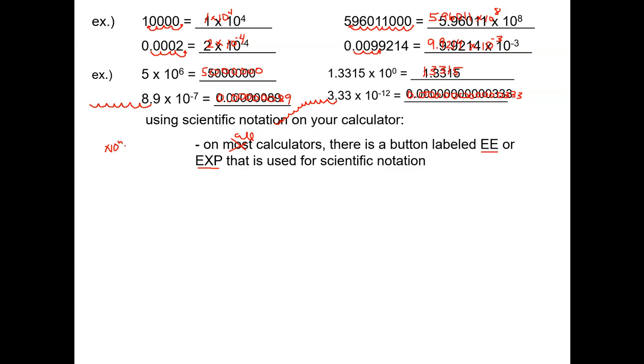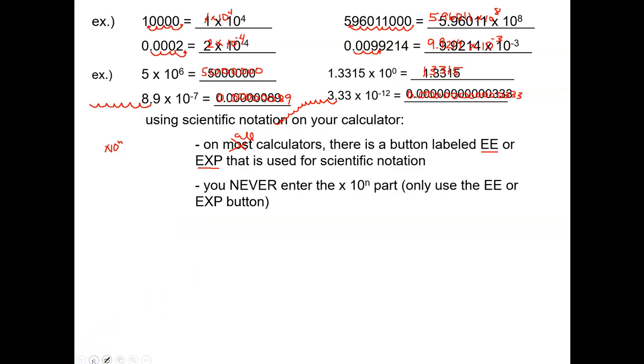In fact, if you try to hit times 10 to the power of instead of that button, most calculators won't give you the right answer. So you need to learn about that button. That's really important. You never enter the times and the 10 and the n part. Either the EE or EXP button, or sometimes times 10 to the n, is what you're going to use.